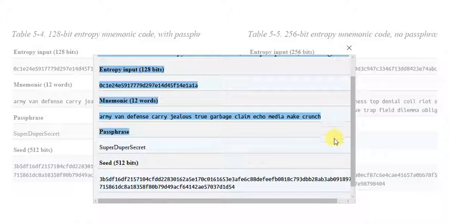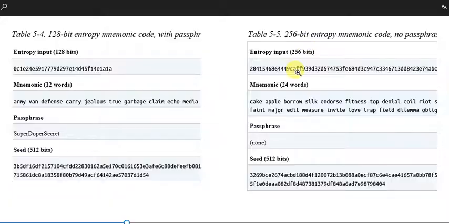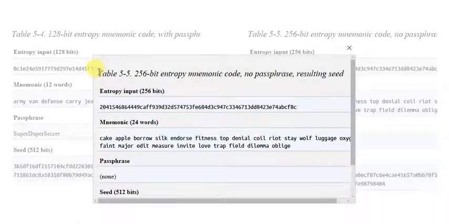Passphrase: SuperDuperSecret. Seed, 512 bits.